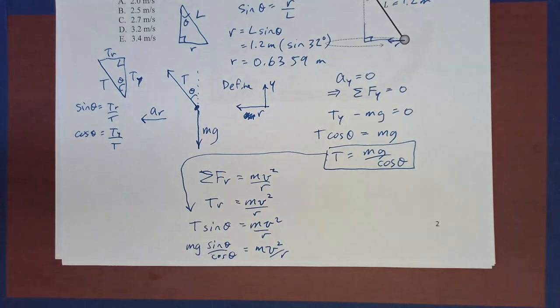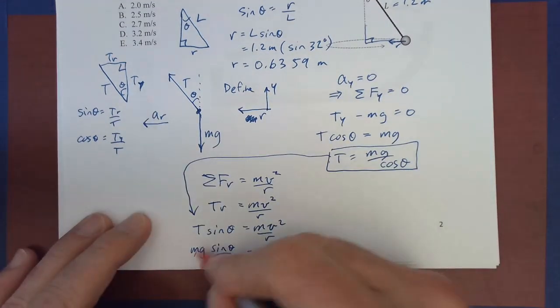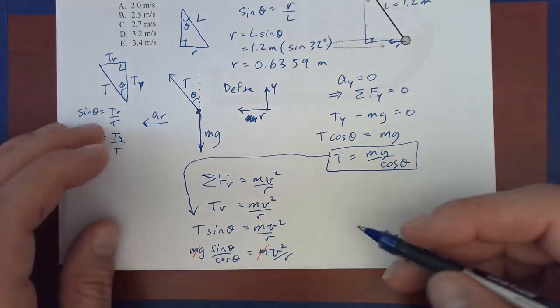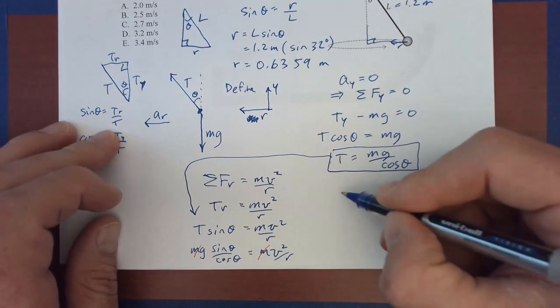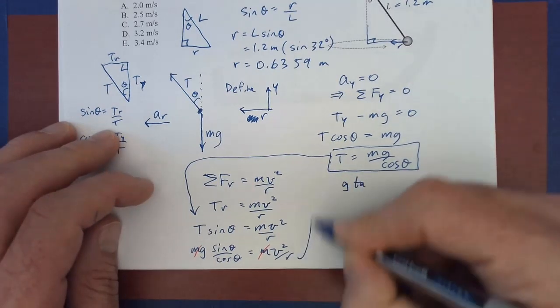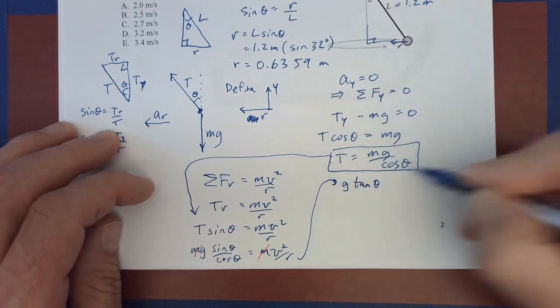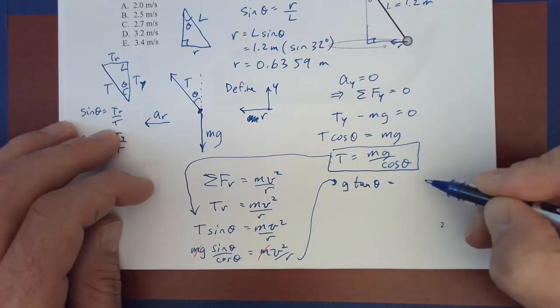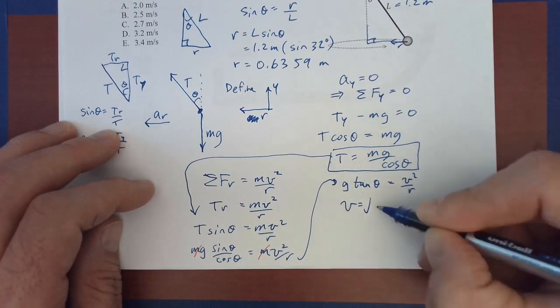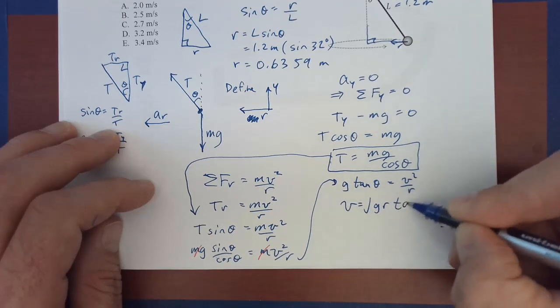They didn't give you the mass of the ball, and luckily mass cancels on both sides of this equation. And you can solve it out here, that g tan theta is equal to v squared over r. So v is equal to the square root of gr tan theta.